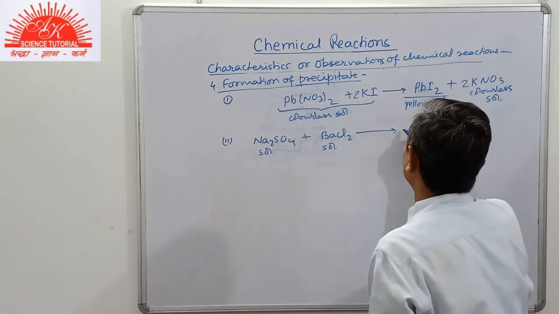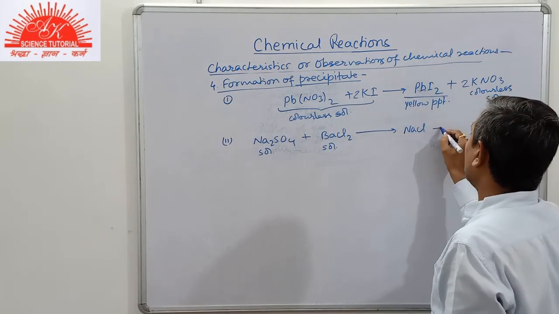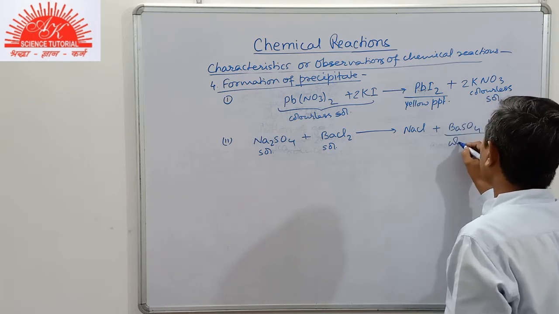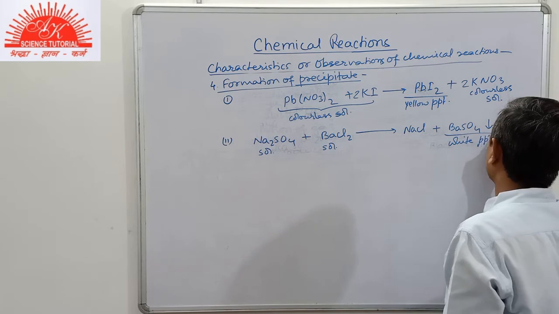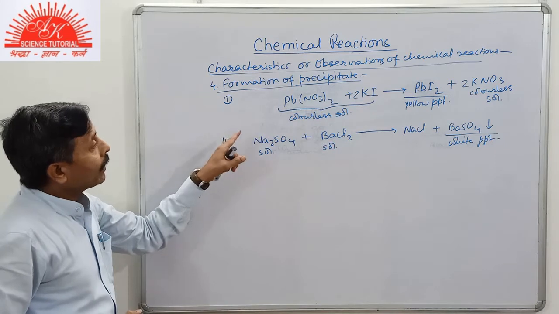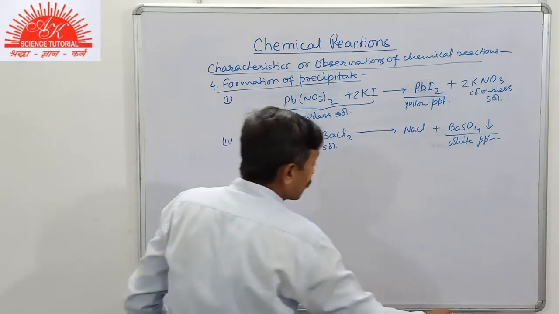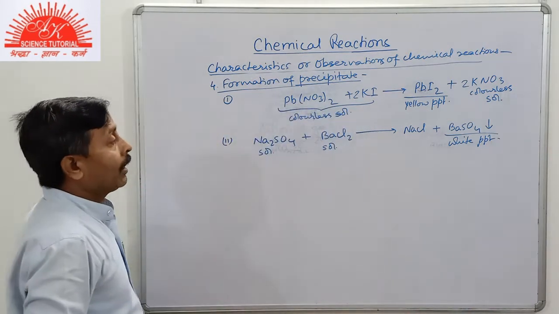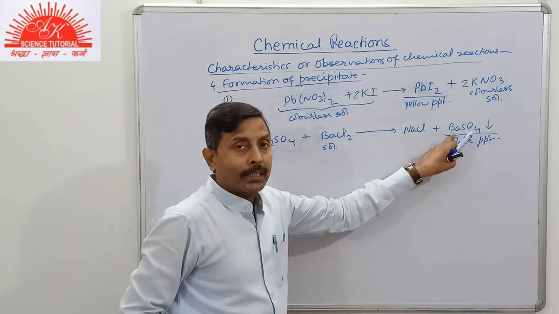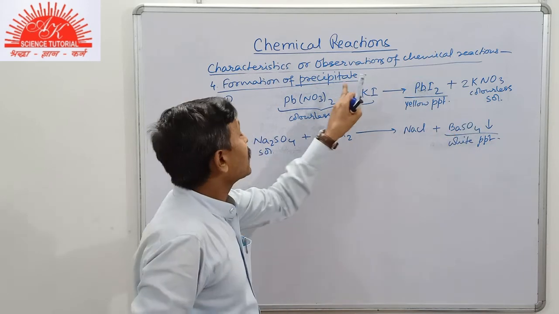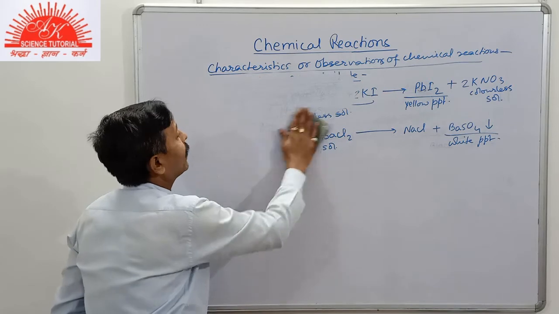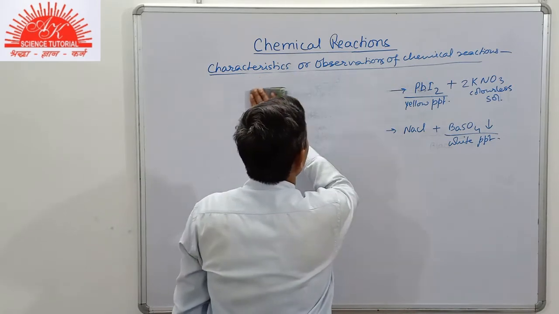Now as a result we see that NaCl plus BaSO4, the white precipitate, is formed. This means, students, that when we take the reaction between two solutions, an insoluble product is formed, that is called precipitate. So this type of observation will help us in identifying the chemical change.